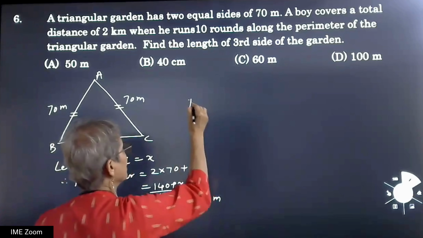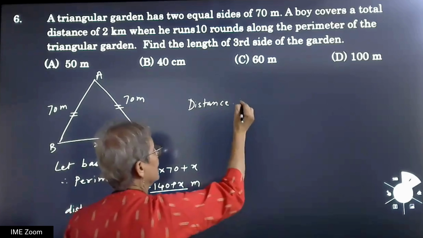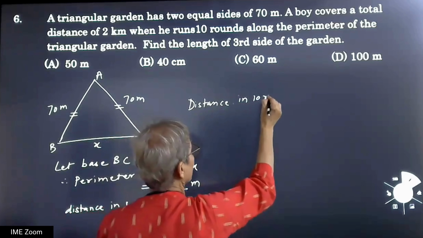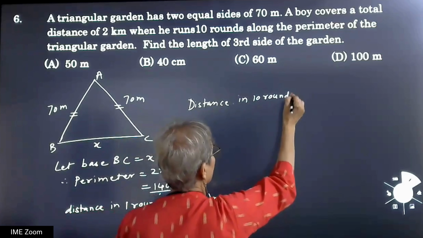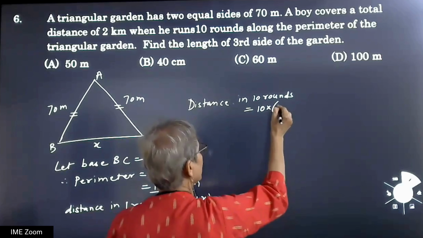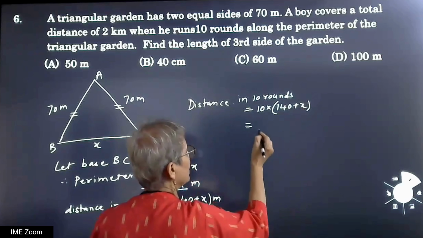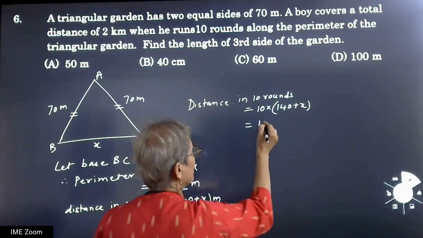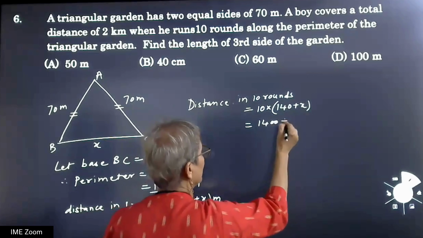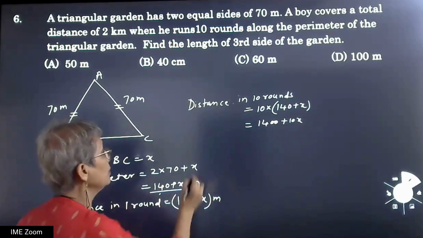Therefore distance he runs in 10 rounds equal to 10 into 140 plus x. And this is equal to 1400 plus 10x. But this distance is given as 2 kilometers.